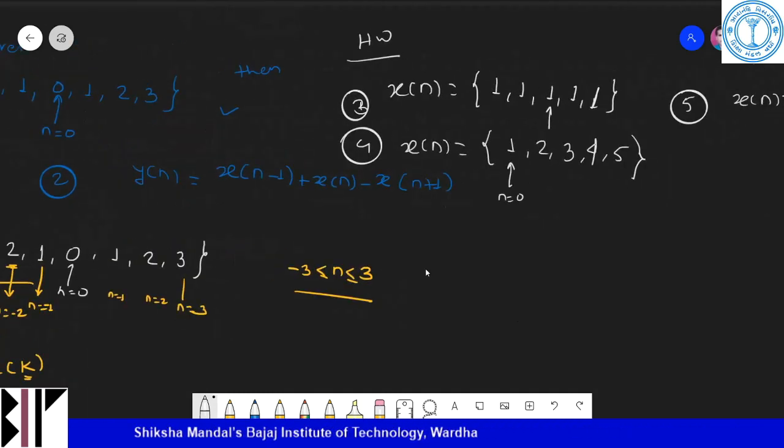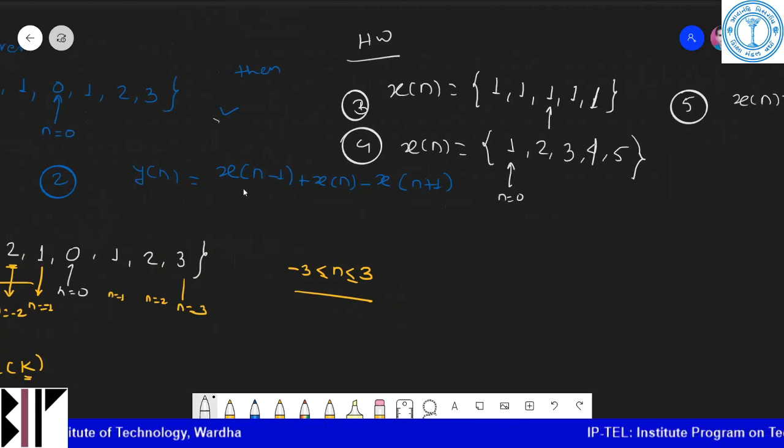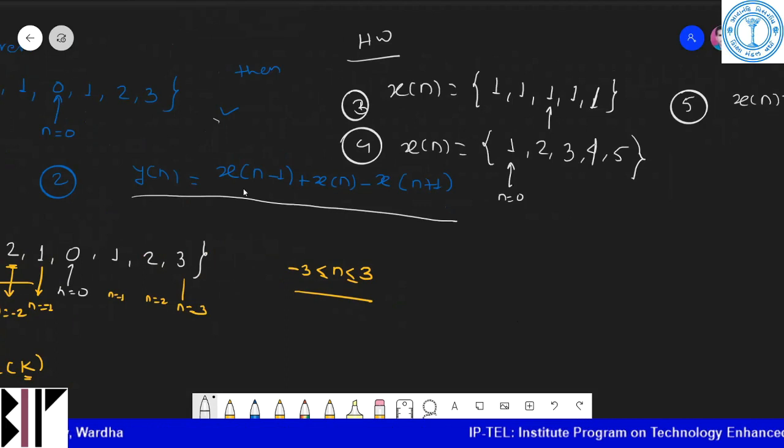Another problem, that is y of n is nothing but x of n minus 1 plus x of n minus x of n plus 1.